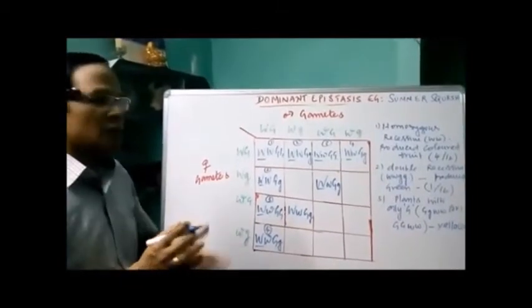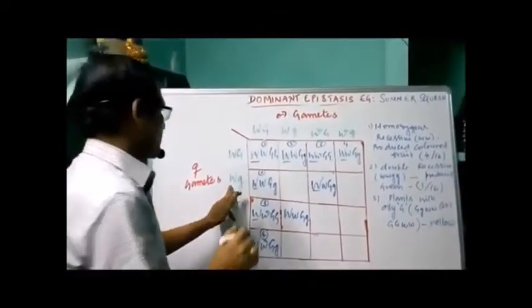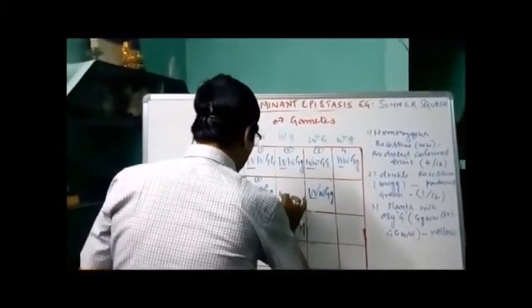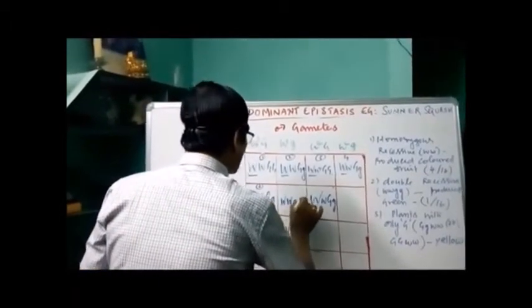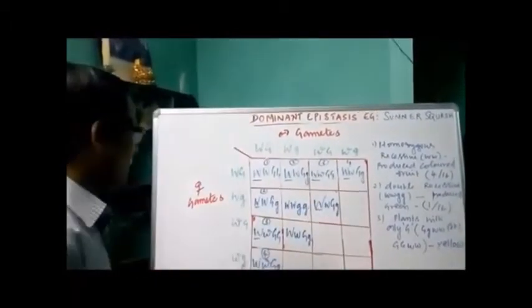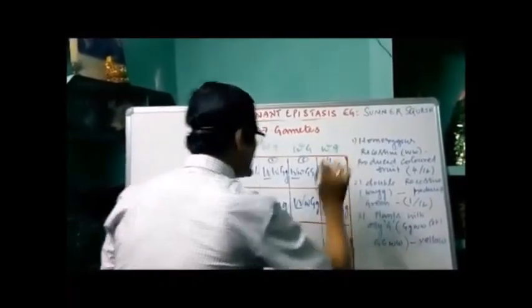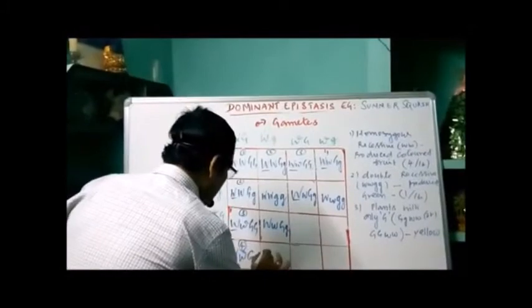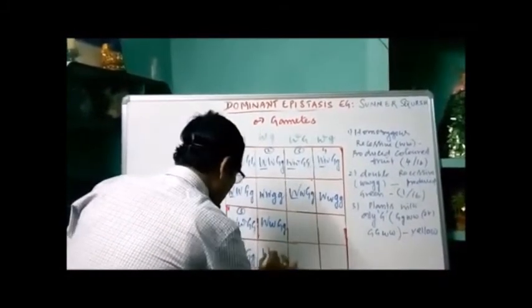Now let's see what are the other genotypes. Now here I am taking, this is once again, this is one genotype. And here another genotype. And here I am writing the same genotype.